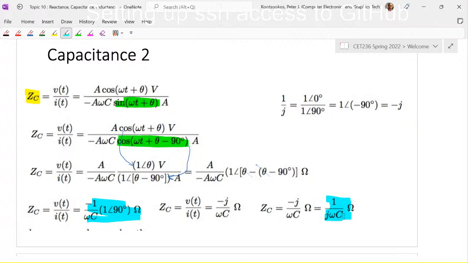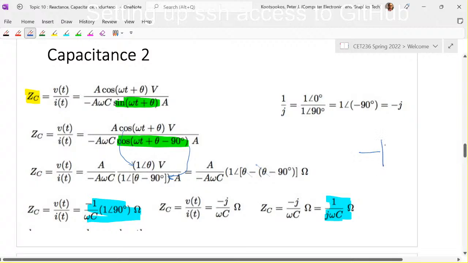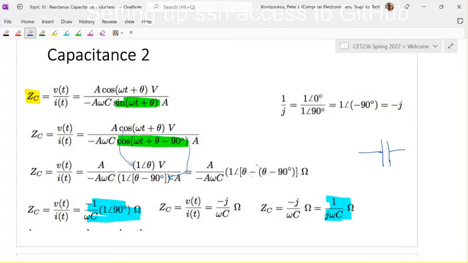So remember, a capacitor is just that, right? The circuit symbol pretty much matches the way it's built.